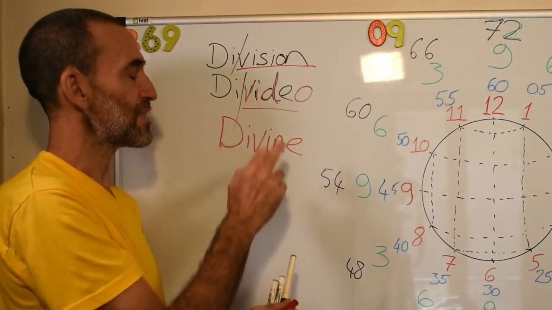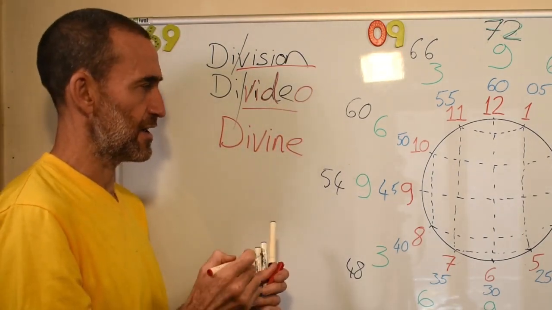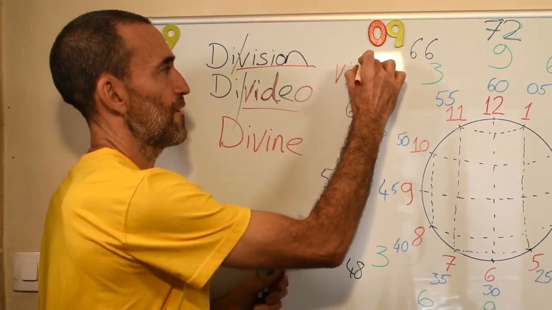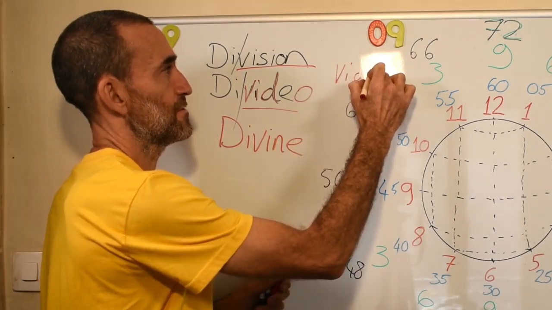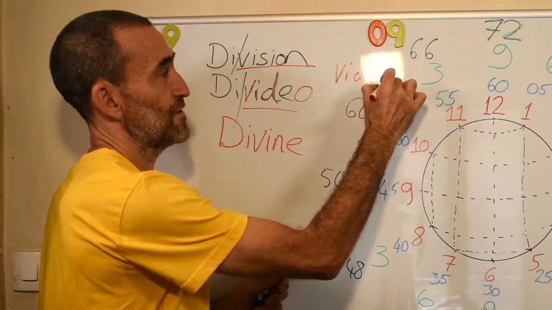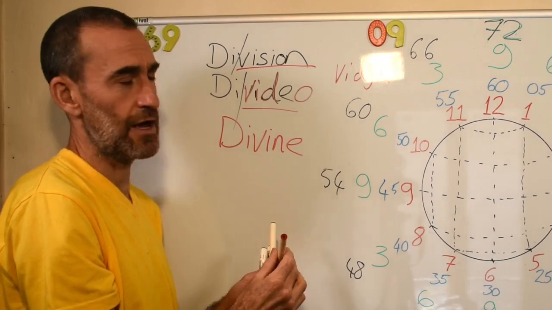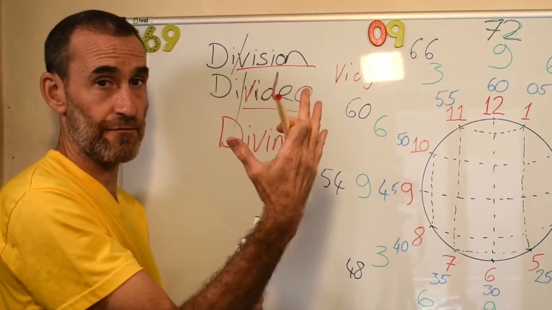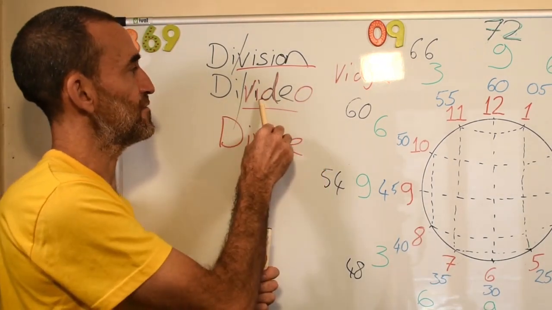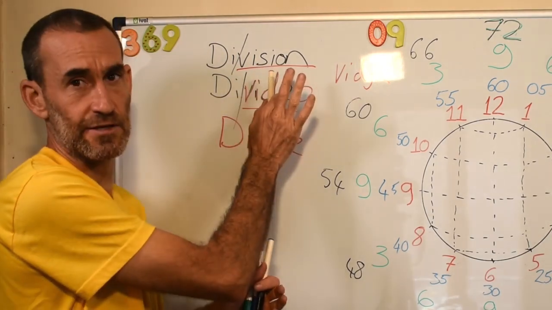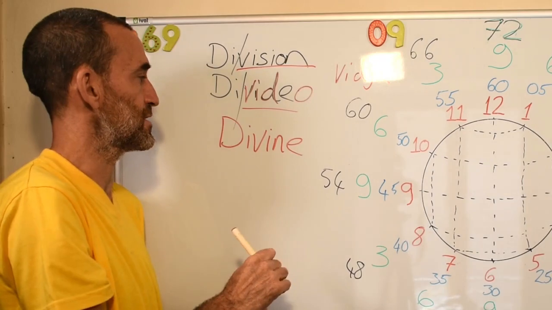So even in the Pali, there's the word vidya. I'm not sure how it's spelled, but this is to see, the vision, to have the vision. So divine, it's also got the same sense as division in any case.